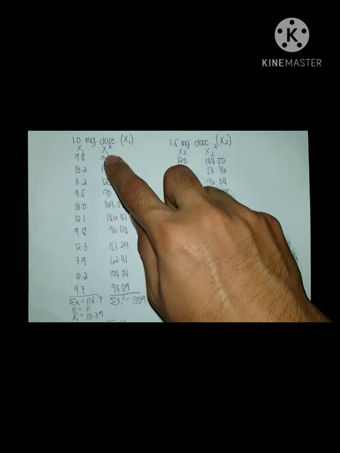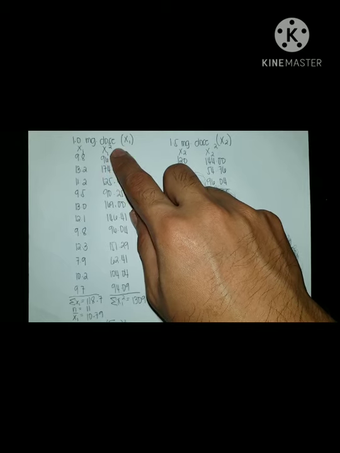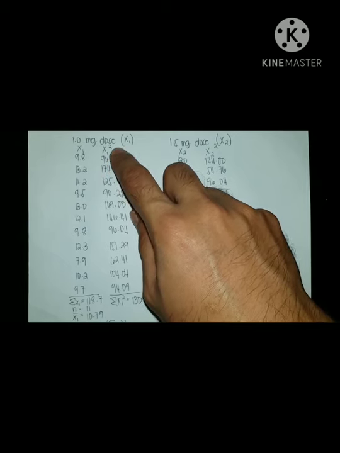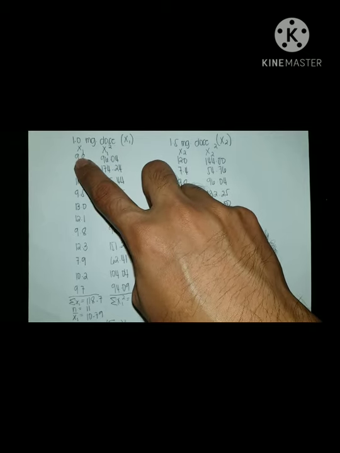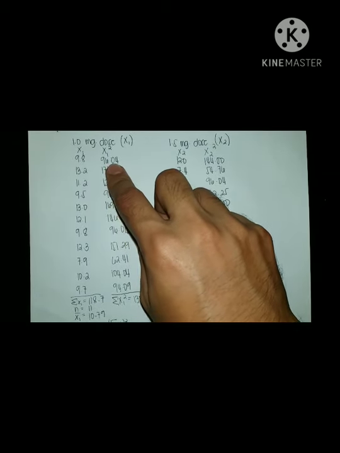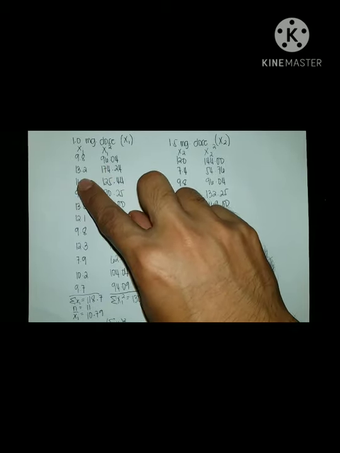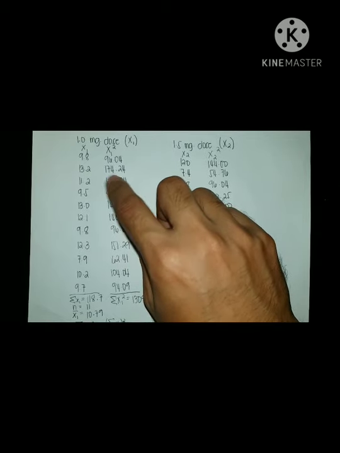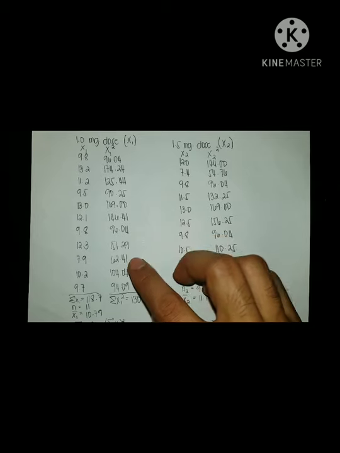And on this section is x sub 1 squared. Meaning to say, we will square the data on x sub 1. So that will be 9.8 squared will be 96.04. 13.2 squared is 174.24 and so forth.